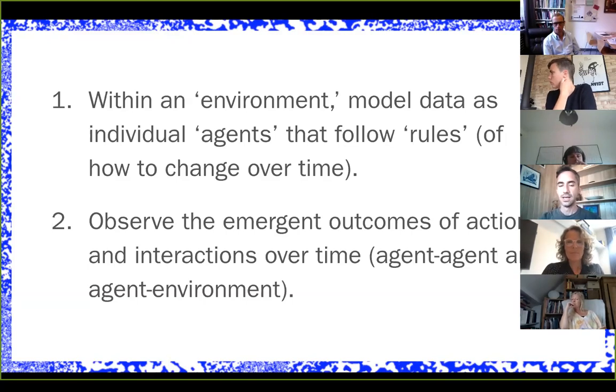In ecological models, we'll see trees being the agents, we'll see birds. Agents can also be groups of individuals that you model as individuals if they function and move about as a singular unit. And the rules are just the computational piece that describes how change occurs over time.